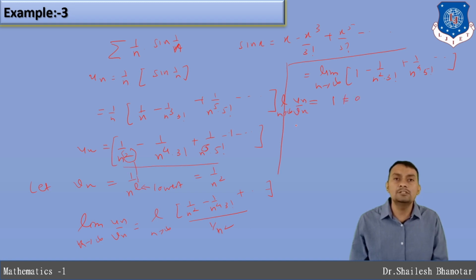Therefore, both series converge or diverge together according to the comparison test. The series vn is 1 divided by n square, which is convergent according to the p-series, and therefore the given series un will be convergent.